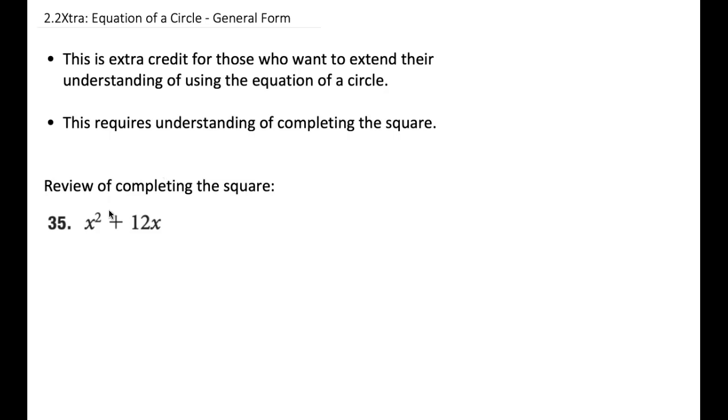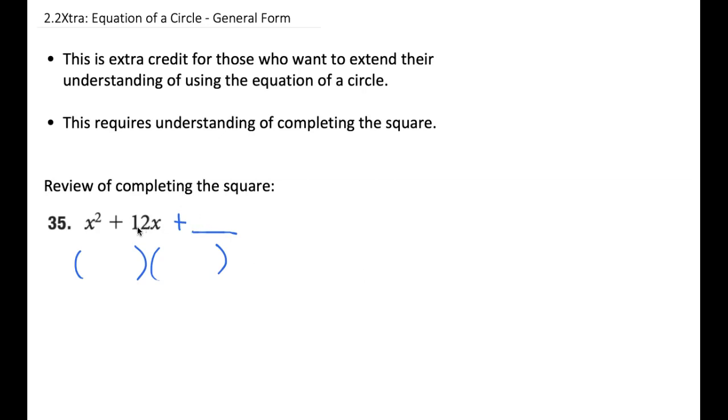Okay, so the first thing I want to do is review how we complete the square. So if we have an x squared term and an x term, we need another term here so that we complete a perfect square. So what we want is something that is a perfect square when we factor it.